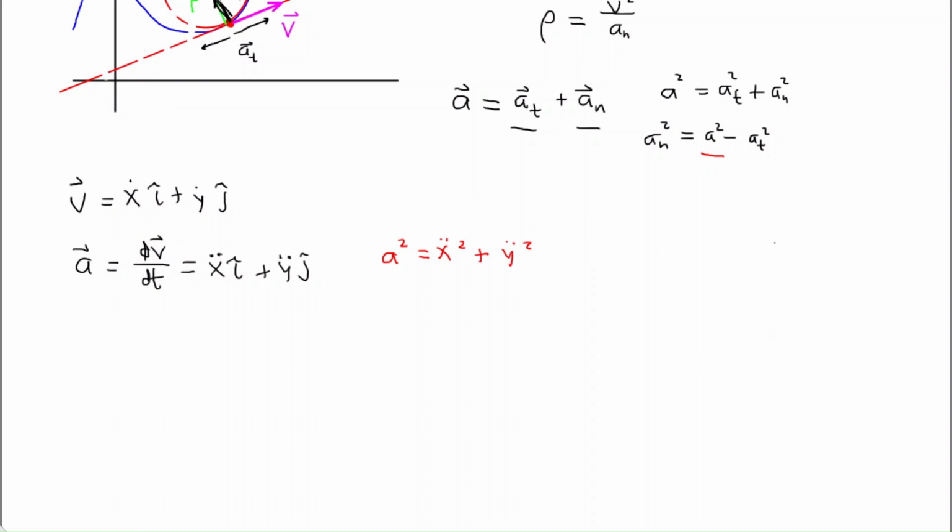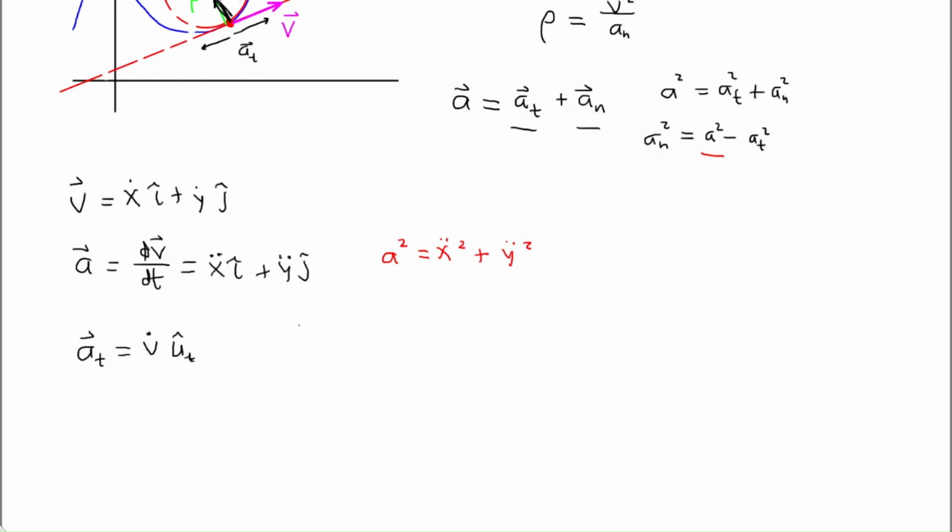Now about the tangential acceleration, that points in the direction of the velocity. So this is the time derivative of the speed, times, say, a unit vector in the tangential direction.